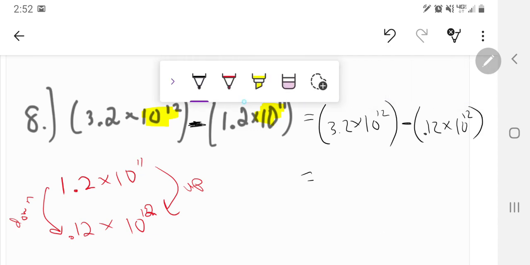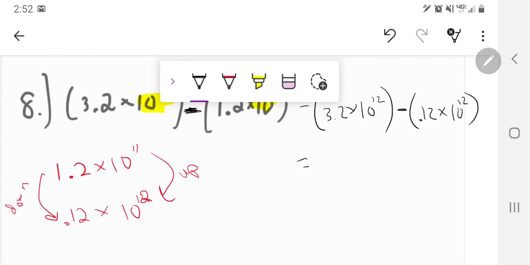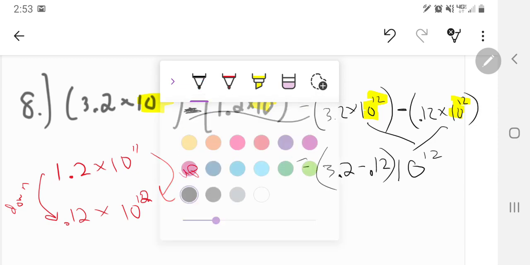I'm going to need to do a little scratch work here. Not yet, actually. Sorry, I have to do order. I'm jumping ahead of myself here. All right, I got these to match, so that means I can pull them out using the distributive property, 10 to the 12th. And what's left behind, I got 3.2 minus 0.12.